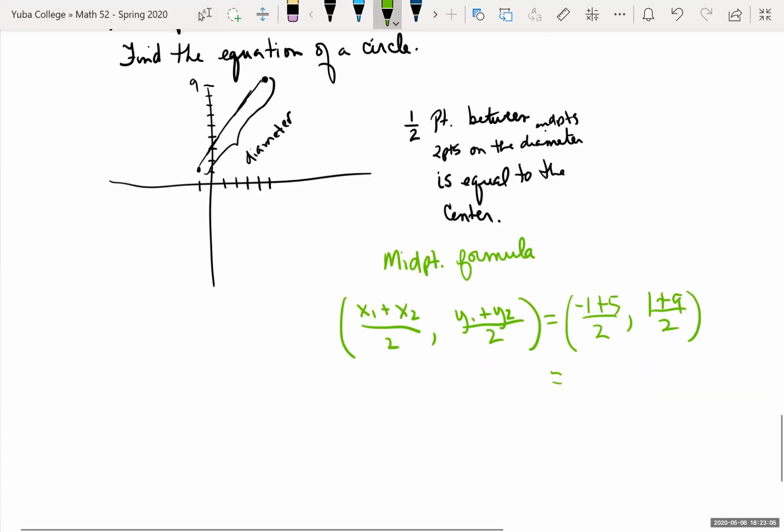So -1 plus 5, that's 4. 4 divided by 2 is 2. 1 plus 9 is 10. 10 divided by 2 is 5. So we now know what our center is.